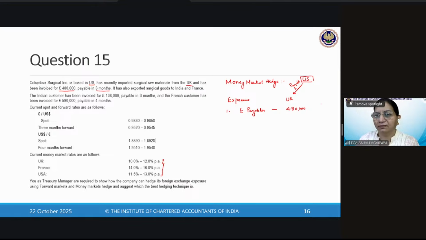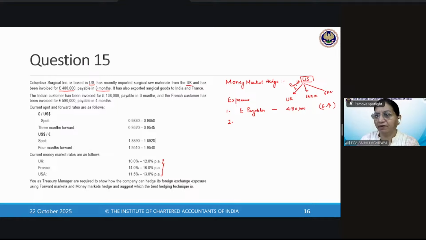Though you will not write in the exam using a pen, you can write using a pencil here and then erase it later. Because you have pound payables, you are fearing that pounds should not be at a premium. Your fear is pound may increase. It has also exported surgical goods to India and France, so dealing with other currencies also.